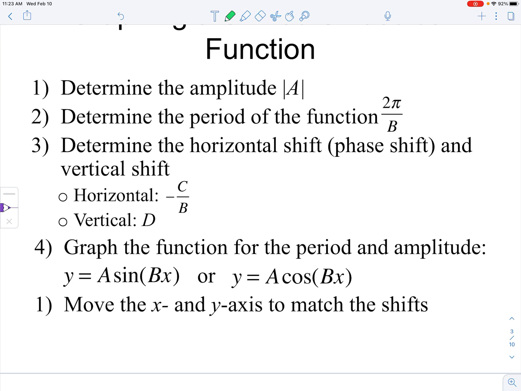So I think I said left 2, so then you would shift the y-axis right 2 units, okay, to apply the shift. If there's a vertical shift, let's say up 5 units, then you're going to shift the x-axis down 5 units to apply the shift.